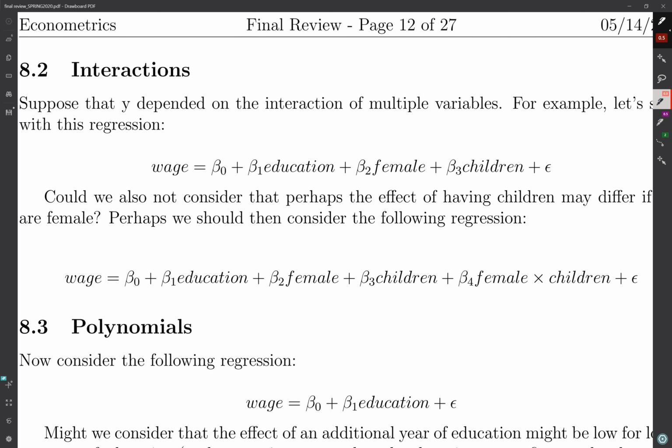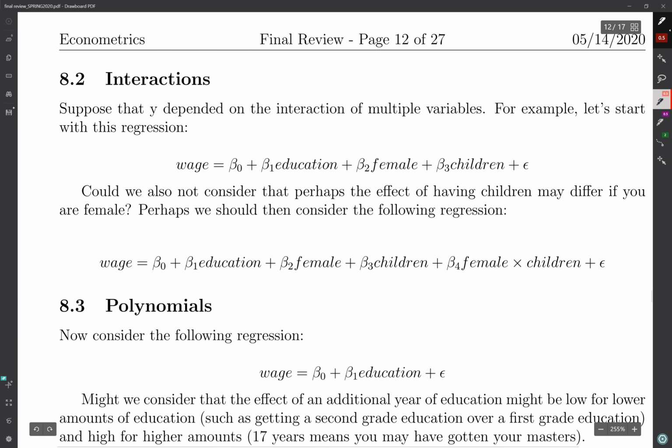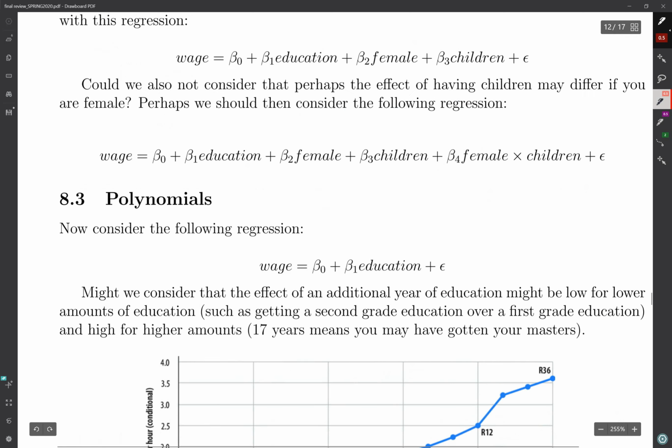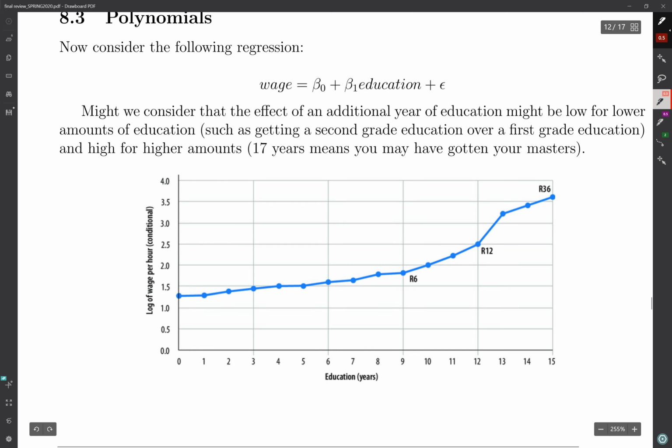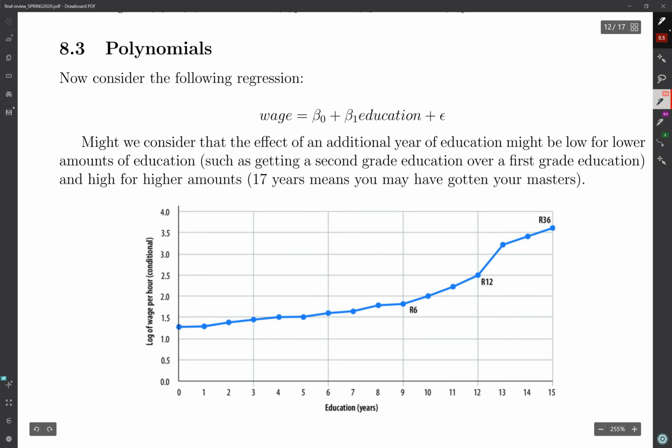So what we can do with that is interact the effect of being female with the effect of having children. This beta 4 is representing this interaction between these two. Notice that I included both of the bits of the interaction. Generally, that's something you want to do. We'll go over the marginal effects for that, if you remember we need to do that, in just a bit.